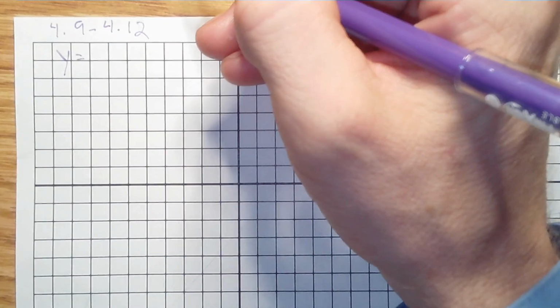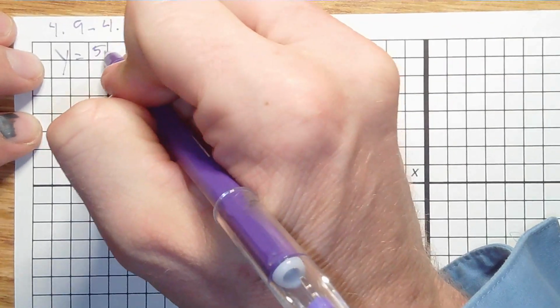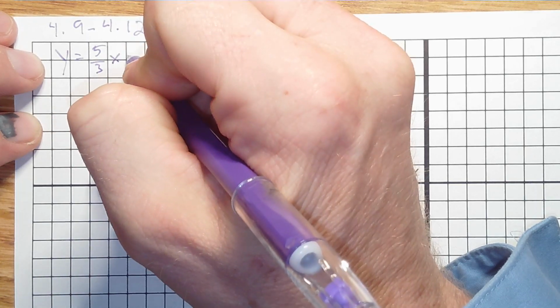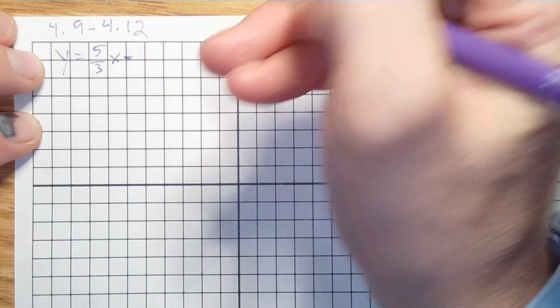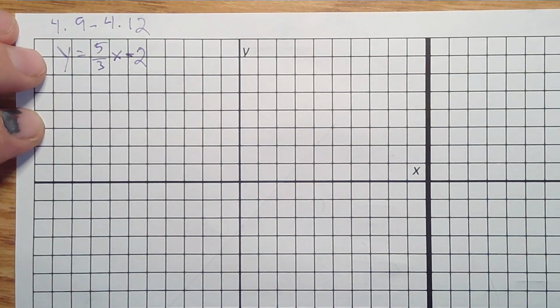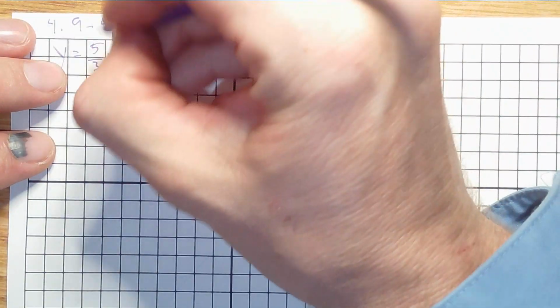So here we have an equation: y equals, let's go with 5 thirds x minus 2. I just made that up off the top of my head.